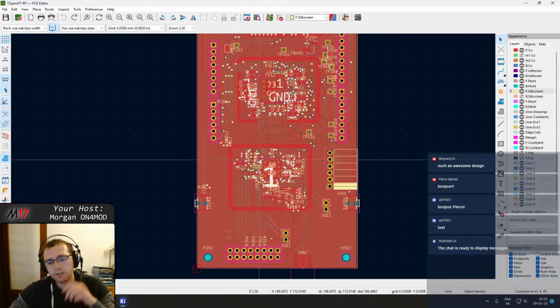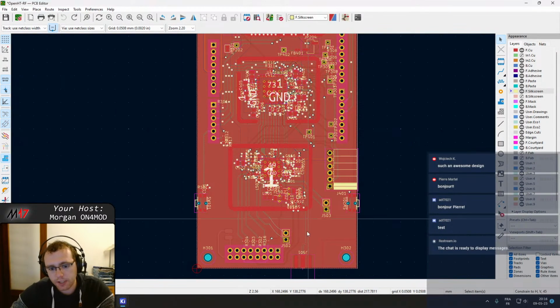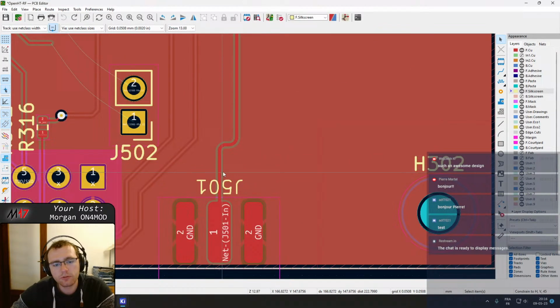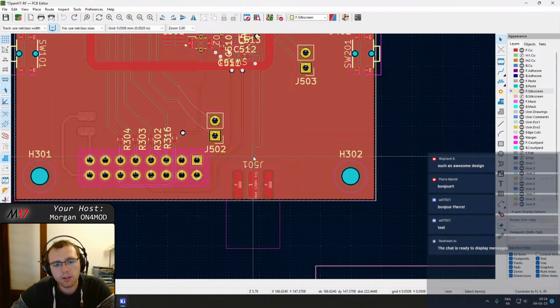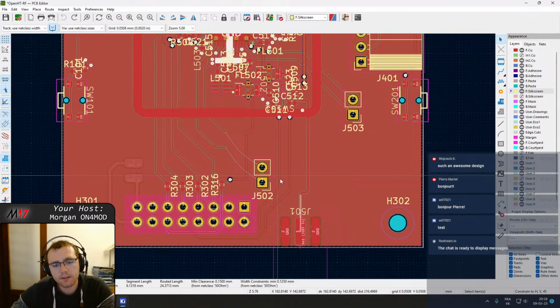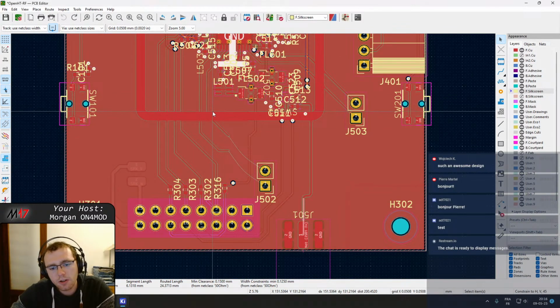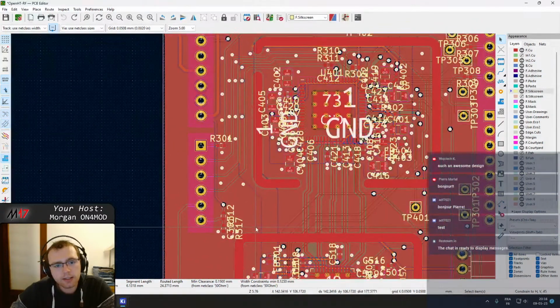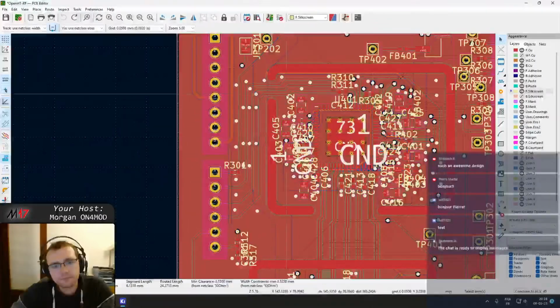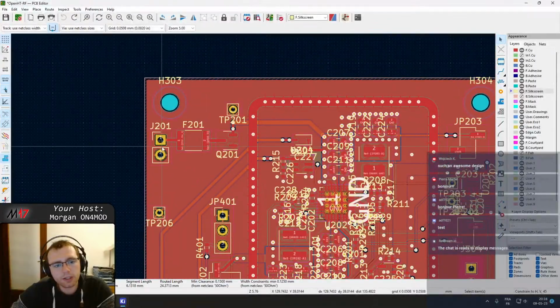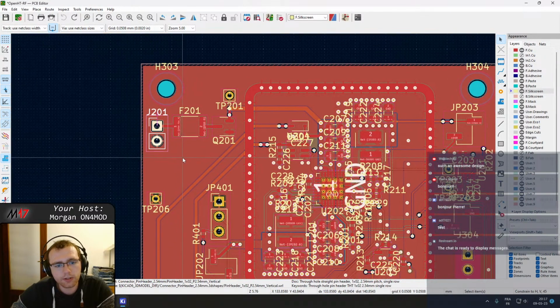Oh yeah, one more thing that we need to do is place a TVS diode right here on the SMA connector, and we are also going to need to pick the battery connector.